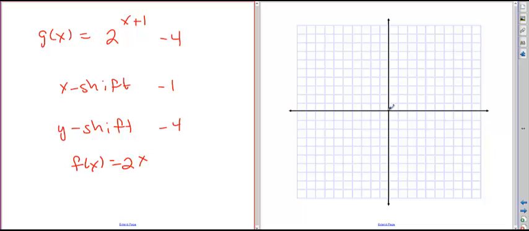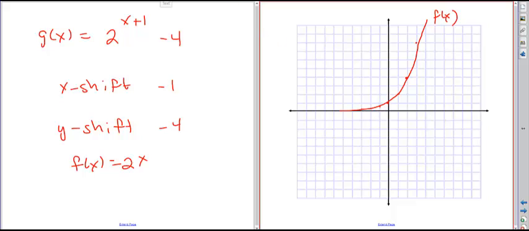So 2 to the 0 power is 1, 2 to the first power is 2, 2 to the second power is 4, 2 to the third power is 8, and then you take the reciprocals of these, half, a fourth, and 1/8. So this is going to be my parent function, f of x.